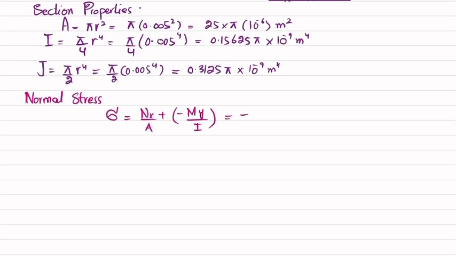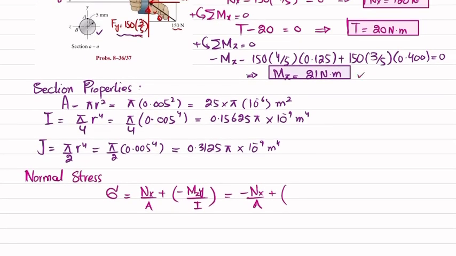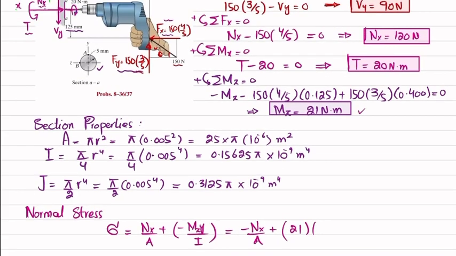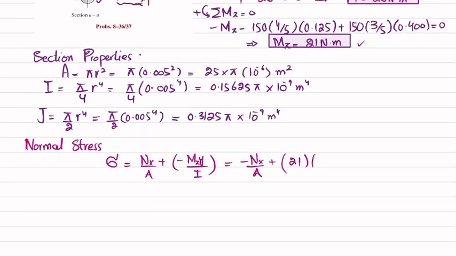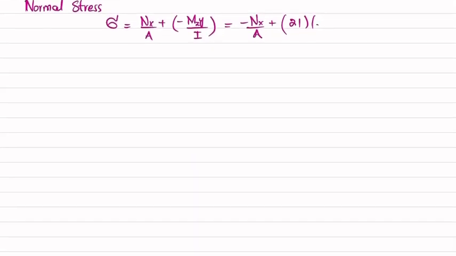So we will take minus Nx over A plus minus the moment about Z. The moment about Z is 21 Newton meter, so 21 into Y. Y is the distance from the neutral axis to point A. This distance is taken as positive, which is 0.5 millimeter, and that is 0.005.